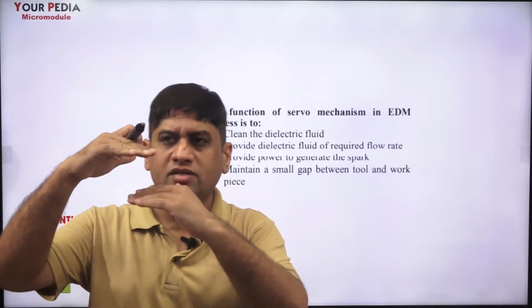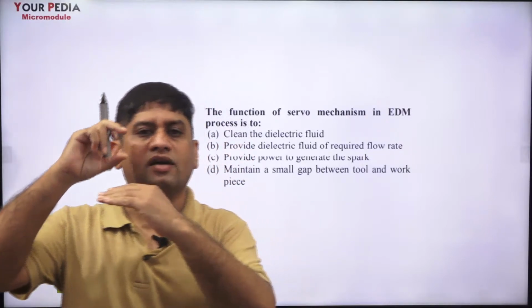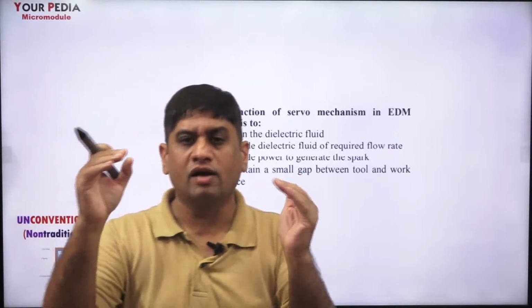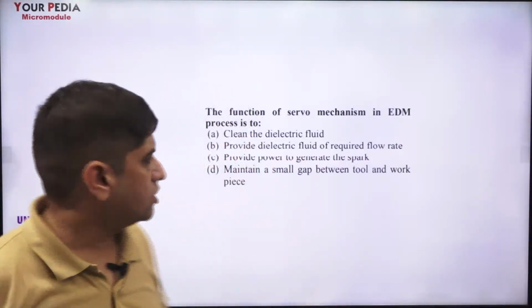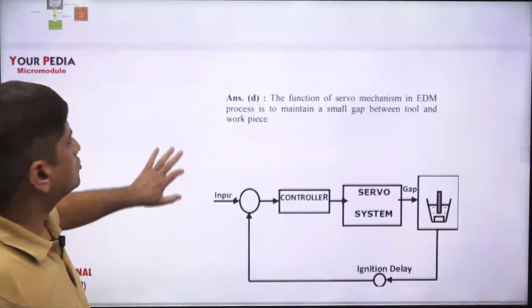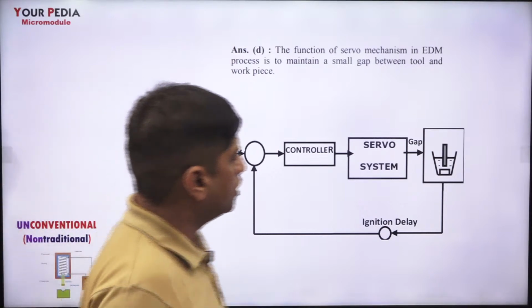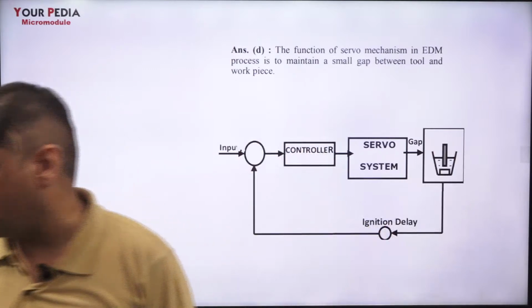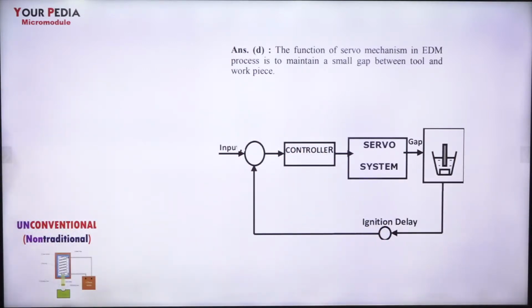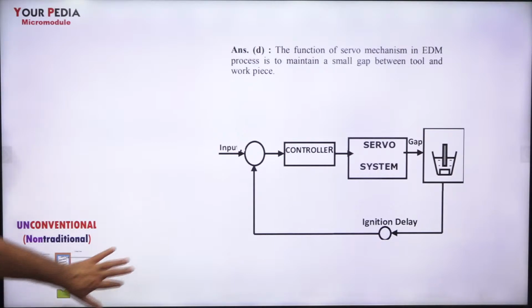If that gap increases because of the discharge or material removal, then more feed is given to the tool. That is how it is done. So the function of the servo mechanism in EDM is to maintain a particular small gap between tool and workpiece. It is an automatic control between the tool feed and the workpiece.